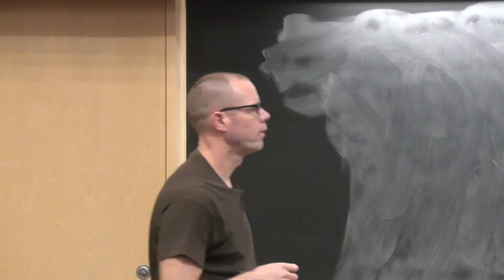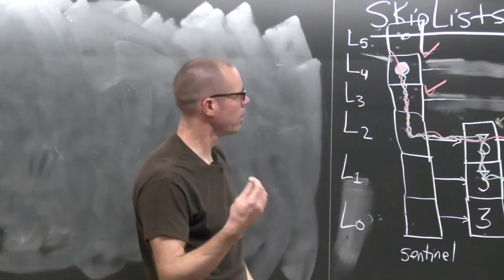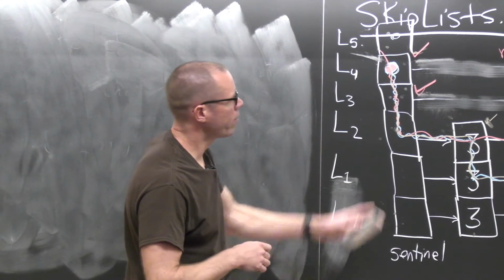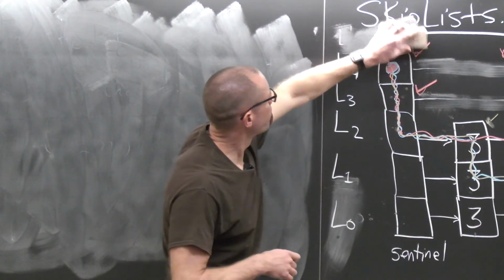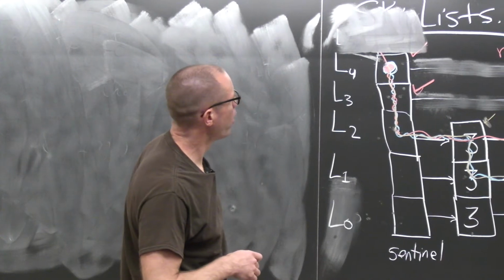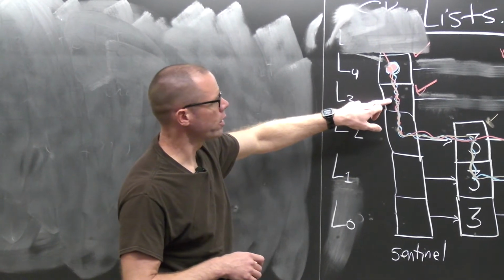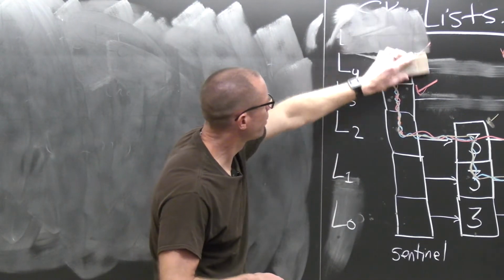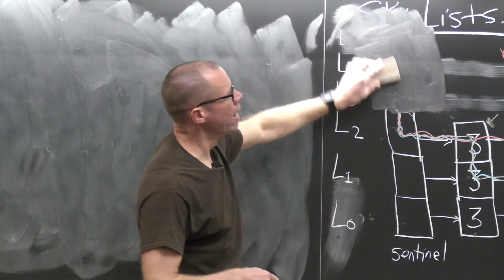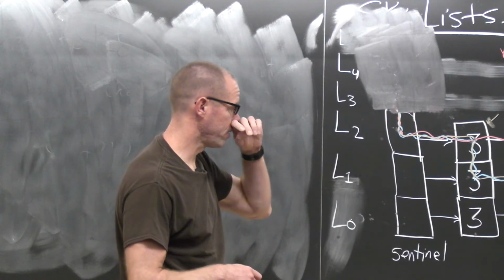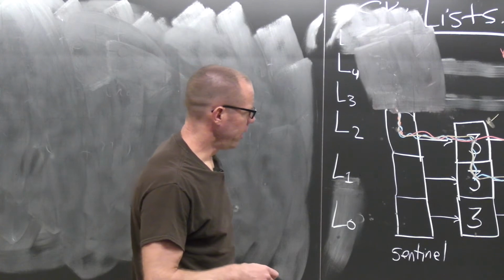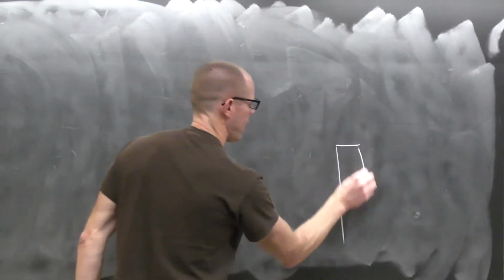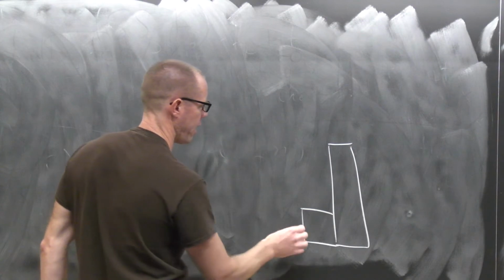Yep. When you remove, you also remove sentinels if they are not pointed to. Yeah, that's true. That's the other edge case. And in fact, it applies here. I forgot about it. So the picture looked like this. There was L4. And so L4 and L3 actually no longer point to anything. So you remove them. In reality, what happens is each node gets implemented using a structure that looks like this.